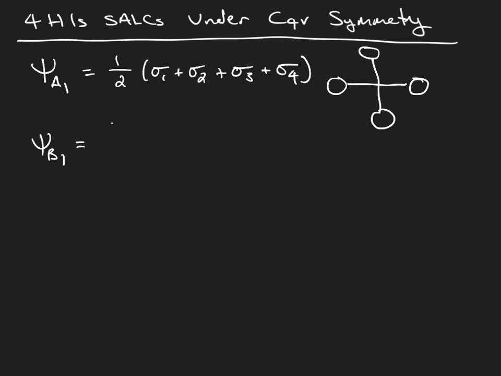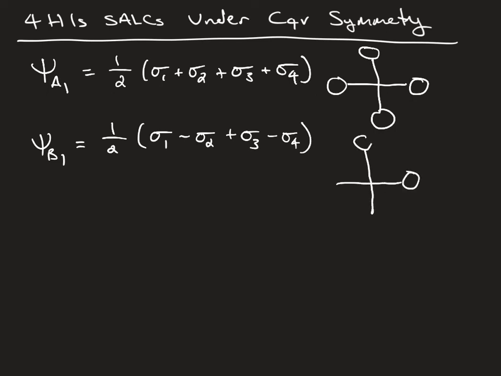The B1 are the out-of-phase combinations. So you have that, with nodes there and there. So a node and a node.